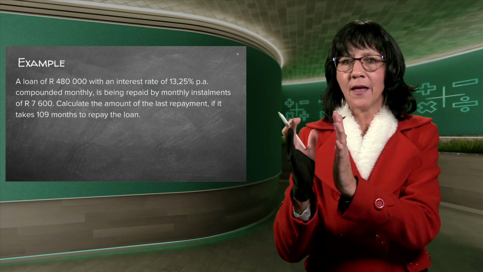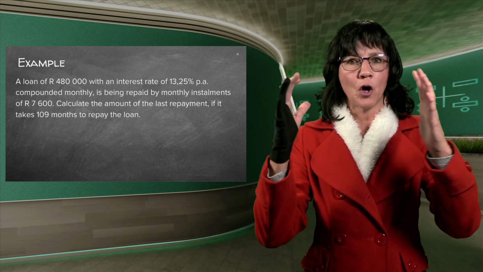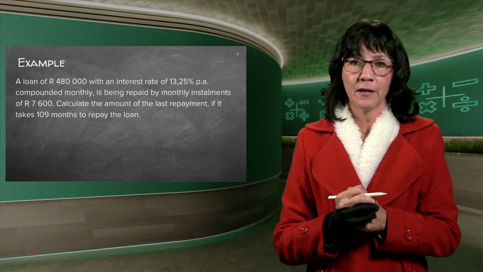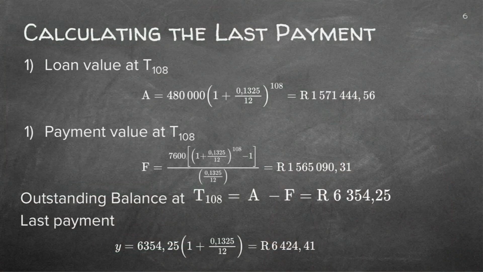So when you add that little y with the bracket, it will not just be for the last month, it will be for the whole period, which was in this case 109 months, which then gave you the minus. So this is the alternate method actually. This is if you want to find out what is the loan value at 108 months. You know the normal A P formula. I'm just going to write it here.